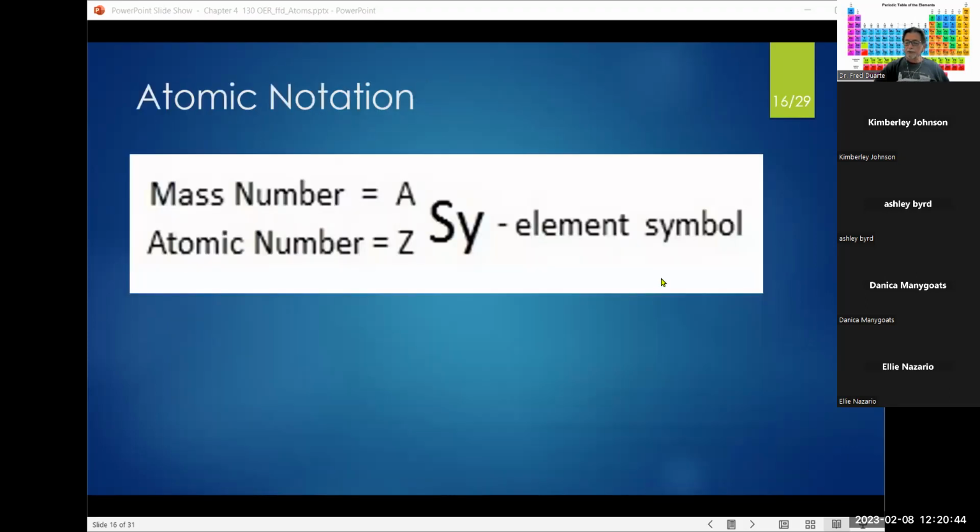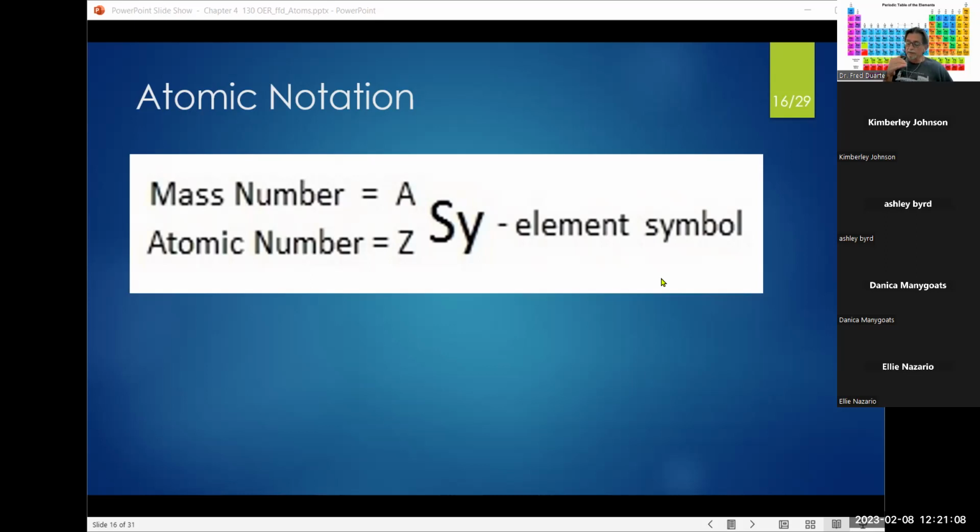All right. Now, with respect to what we call atomic notation and how we present the atom with its symbol, we define what's called A, the upper left superscript. That is the mass number, which is always a whole number.